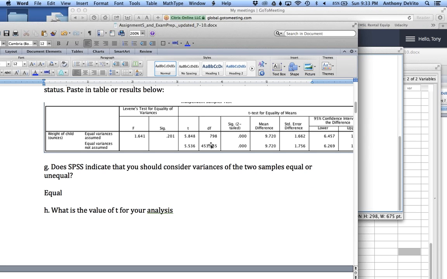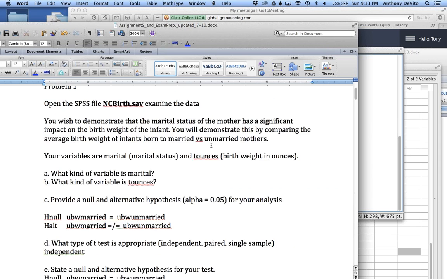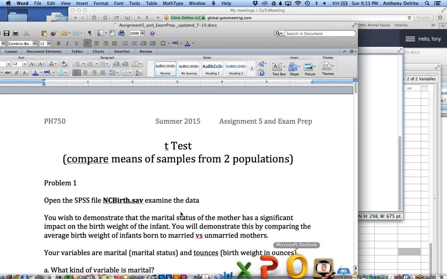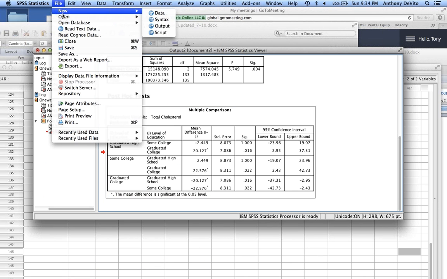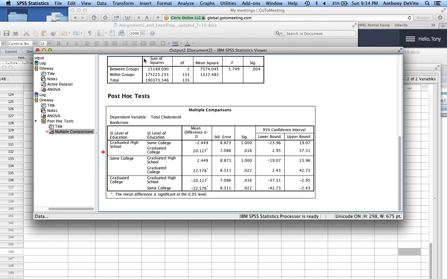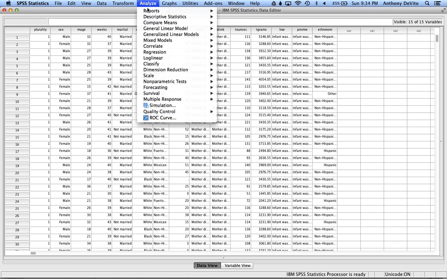I am going to use the analysis of variance for this same data set, the NC birth data set. I'm going to open that again. Okay, open data. And I'm going to do that comparison using the analysis of variance.